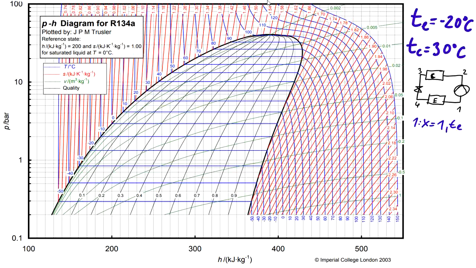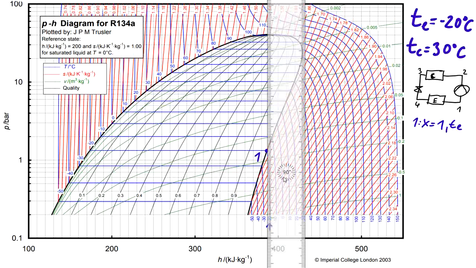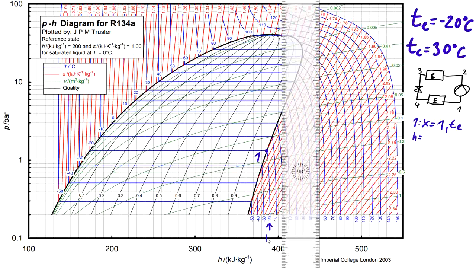So we find the isotherm -20, which is over here, and we go by this isotherm to the point of saturated vapor. So we have this point over here, this is our point 1, and we can read the value of enthalpy, which is about 385 kilojoules per kilogram.